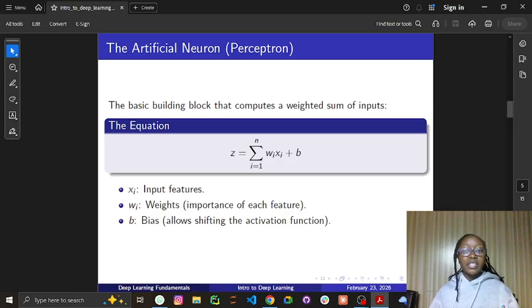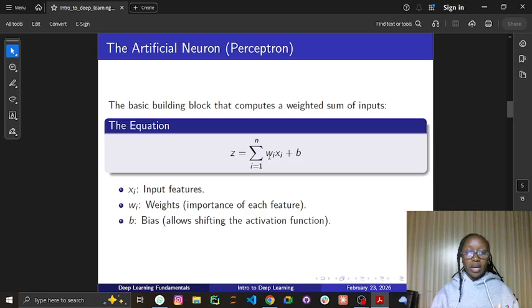If your favorite band is playing, then you might go even if it's raining. This importance is what we call the weight, the importance of each feature, and we multiply the input by the weight.